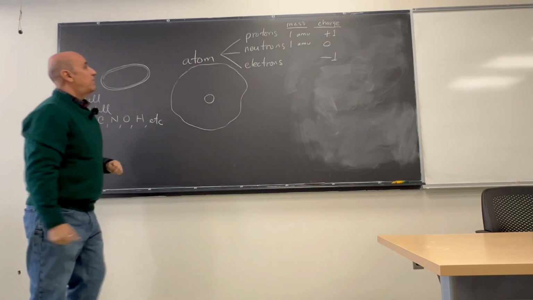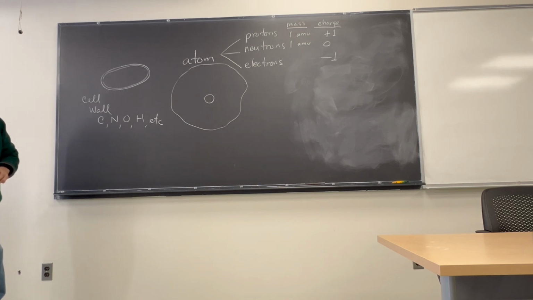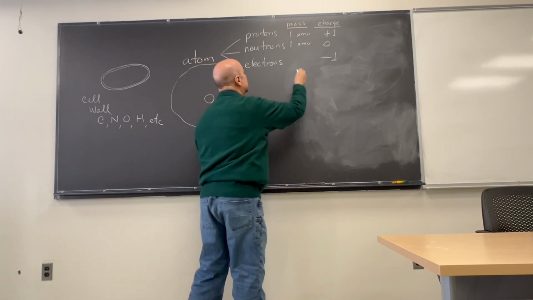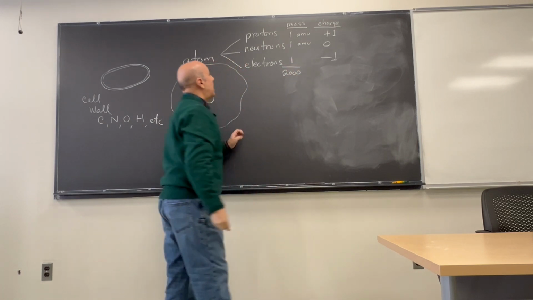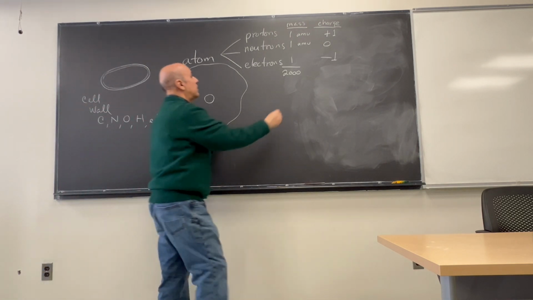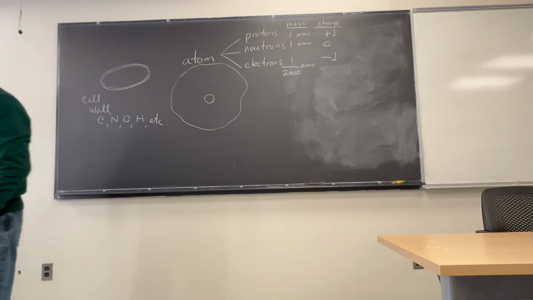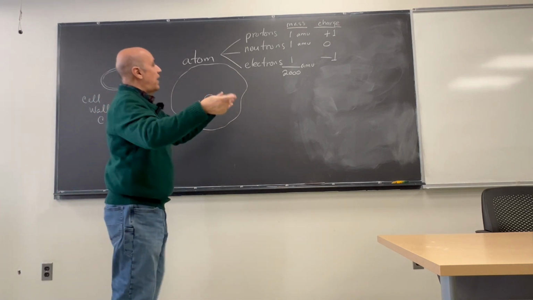Now here's the thing, for this course, and for many of my chemistry courses I actually do the same. The electrons have a mass of 1 divided by 2,000 the mass of the proton. So 1 divided by 2,000 AMUs. If you divide 1 by 2,000, you're going to get a very tiny number, right? 0.000 something, 0.0005.